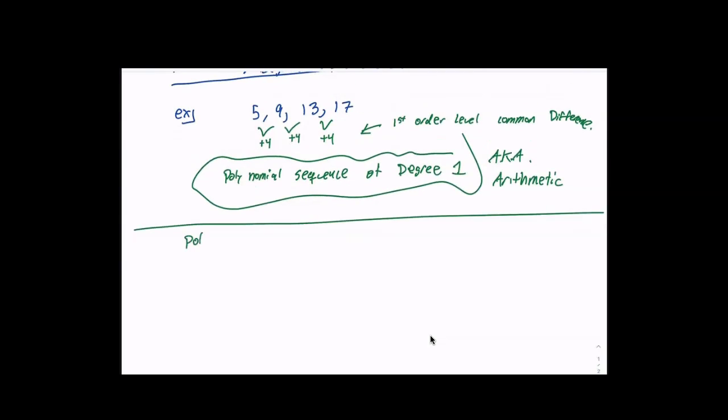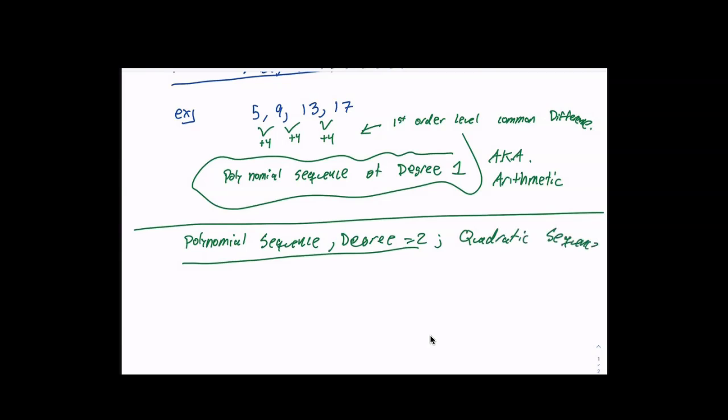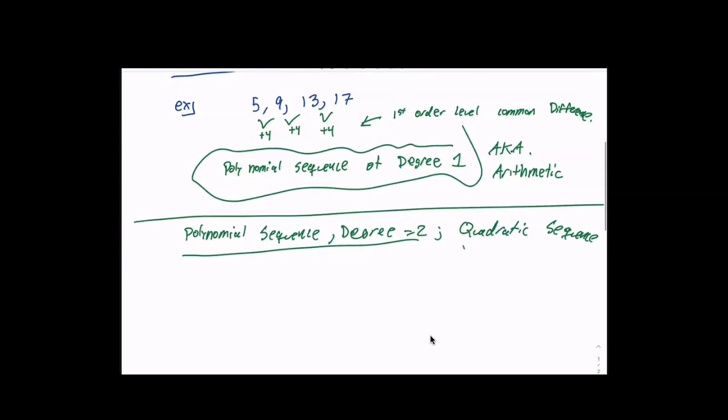Let's talk about a polynomial sequence degree equals 2. This is also known as a quadratic sequence. So this is known as a quadratic sequence or a polynomial sequence with degree 2.